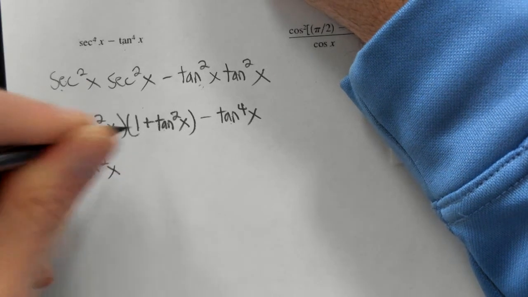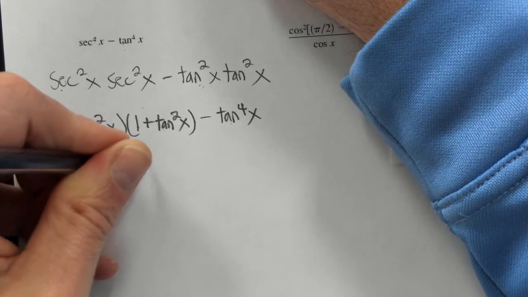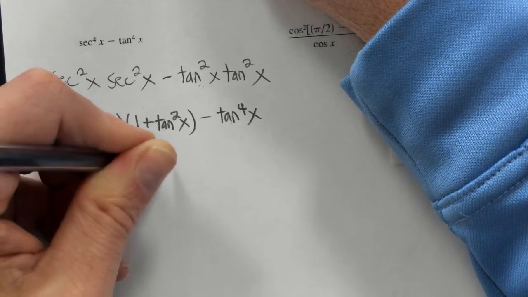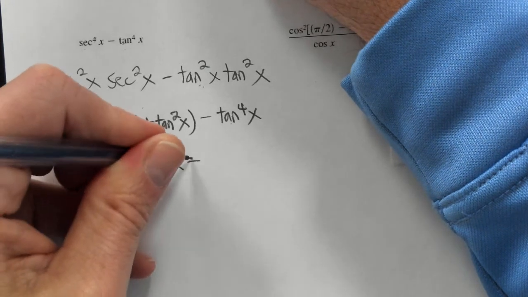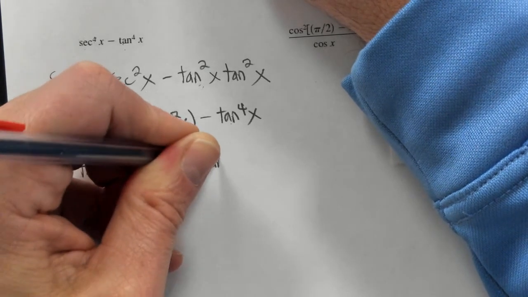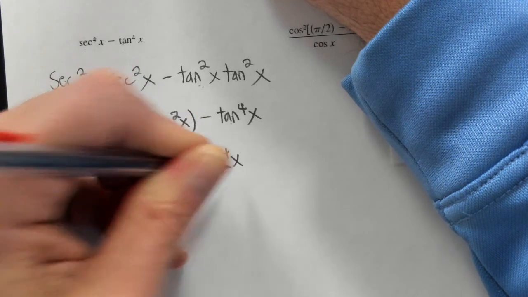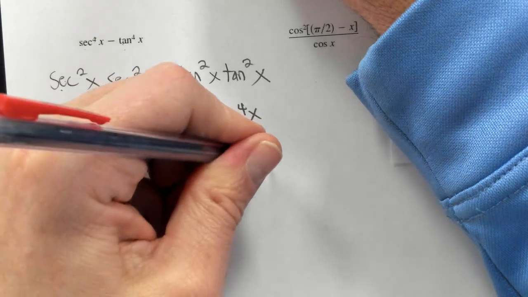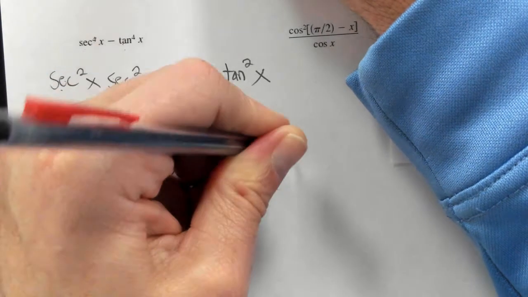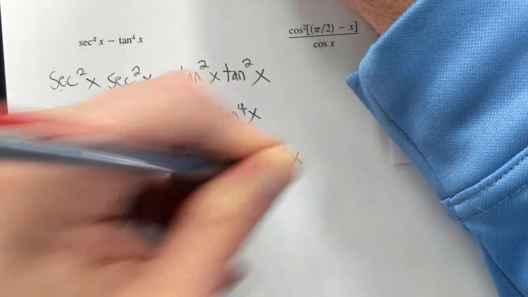And then tangent squared times 1 would be plus tangent squared x. But then tangent squared times tangent squared is tangent to the fourth. All right. And then at the end of this, we've got minus tangent to the fourth x.